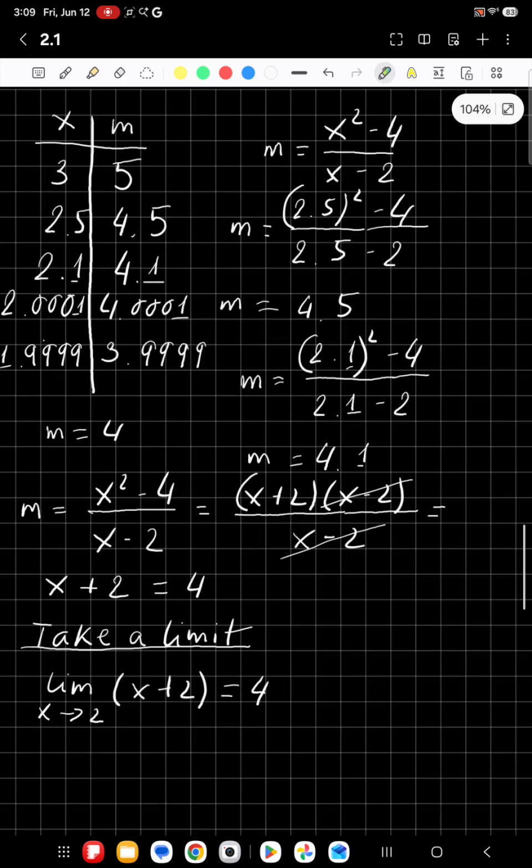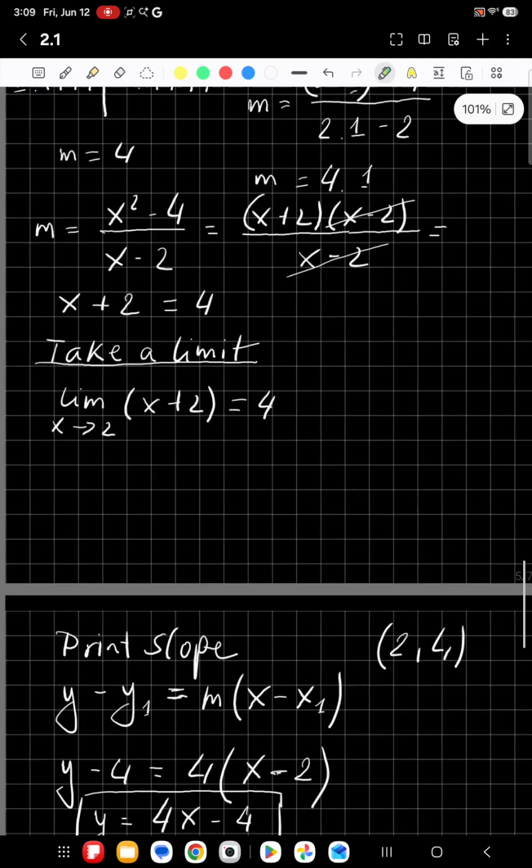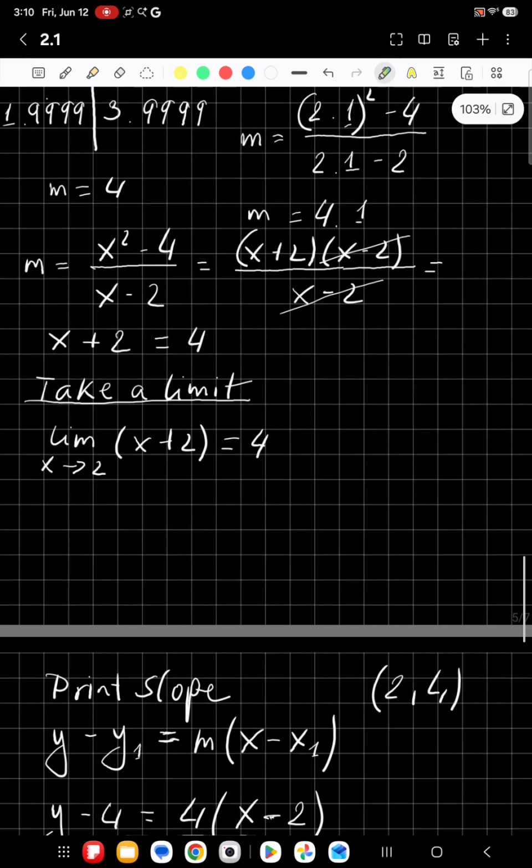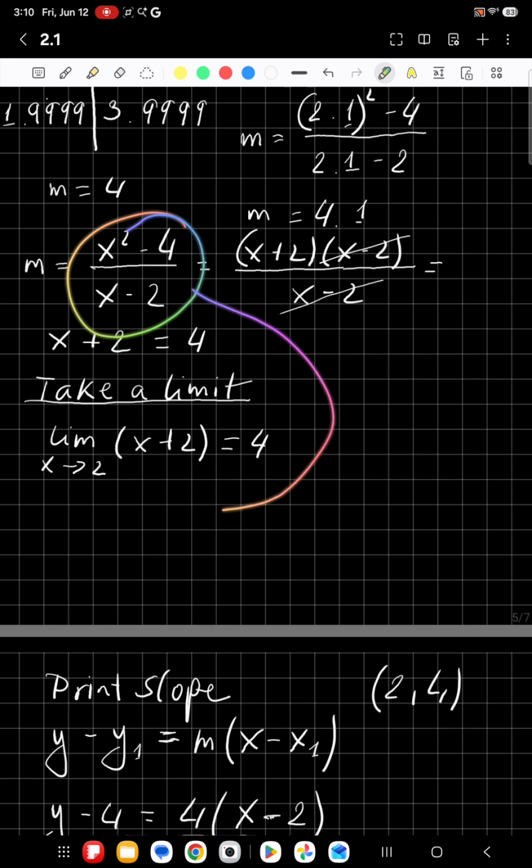And then we took a limit. We took this expression and plugged it in as the function that we take a limit of, with x approaching 2. This is just a simplified version of that.